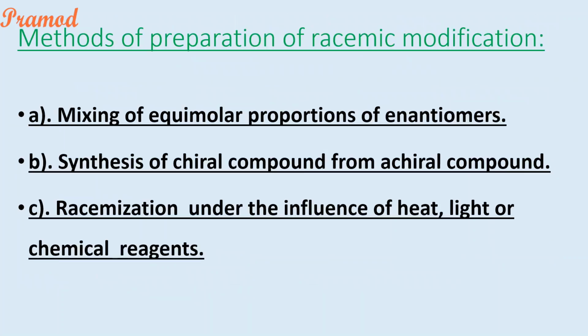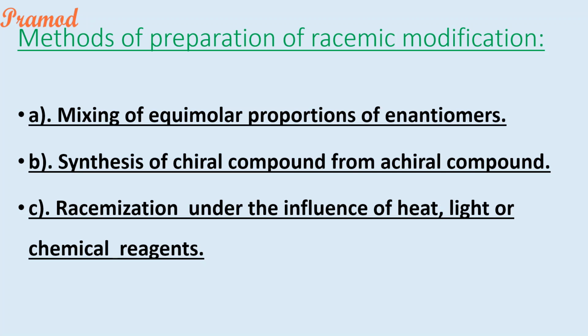Now, different methods for racemic modification: how to convert an optically active compound into a racemic mixture. The best method is physical mixing, mixing equal, equimolar proportions of both enantiomers.